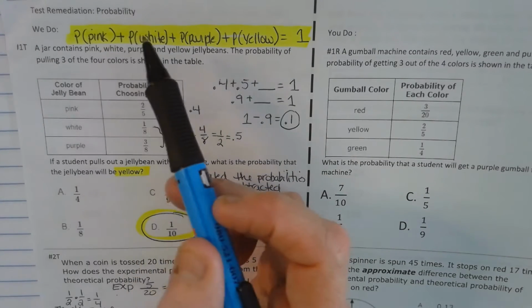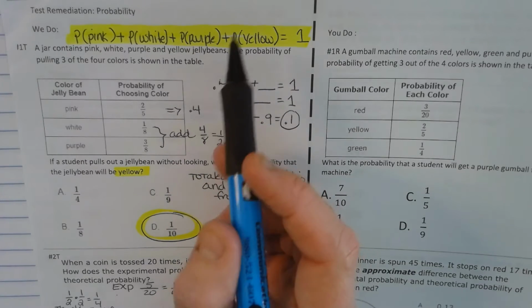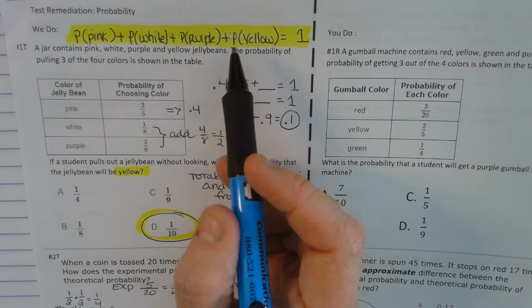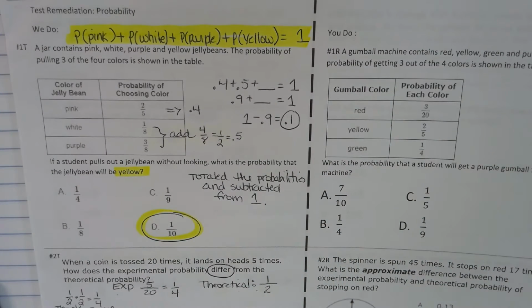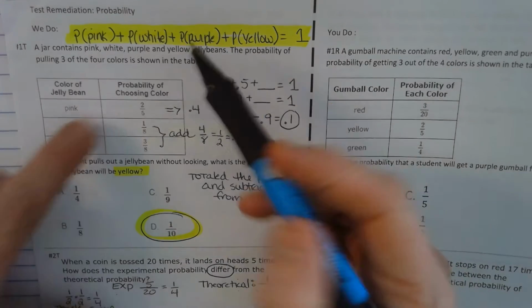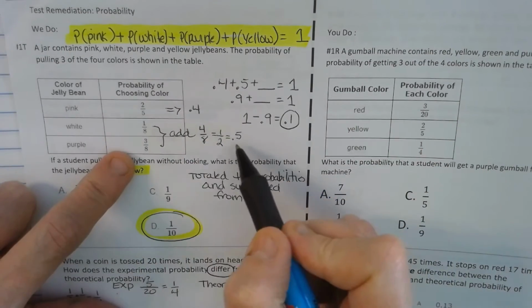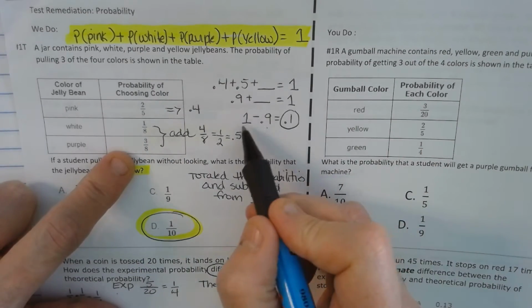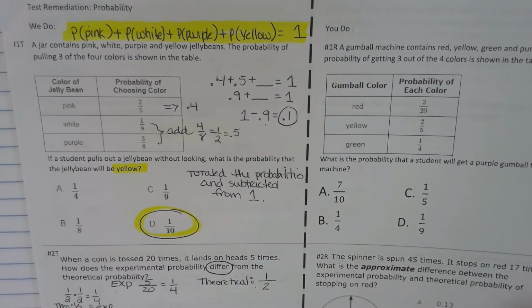The probability of the pink, the white, the purple, and the yellow should add up to 1, as should any set of probabilities of all the events. So basically I add these up and subtract from 1. If I add all these up, I get 0.9, and 1 minus 0.9 leaves 0.10. That's the same thing as 1/10.